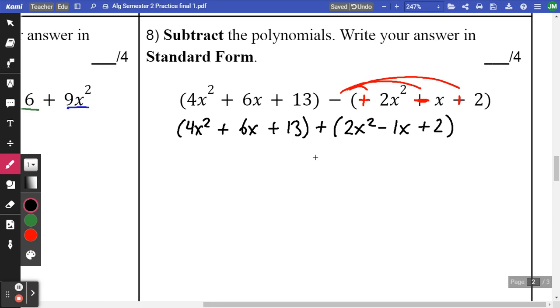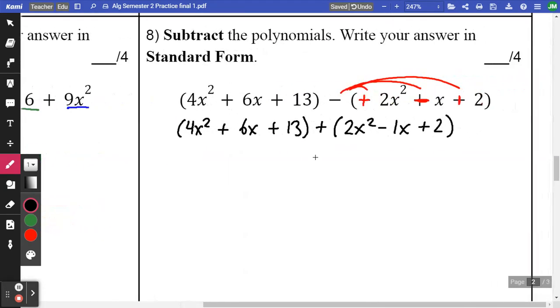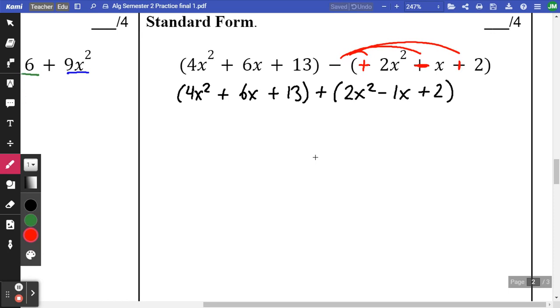And from here you can either use the horizontal method or the vertical method. Either will work. Since we kind of used the horizontal method in the last one by identifying some of these like terms, why don't we use the vertical method here? So I'm just going to align the first polynomial here as 4x squared plus 6x plus 13. And then the second polynomial will be right underneath with the like terms.